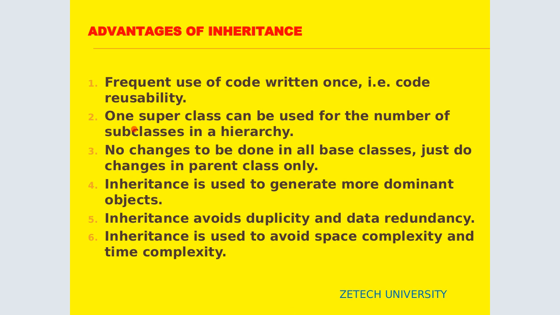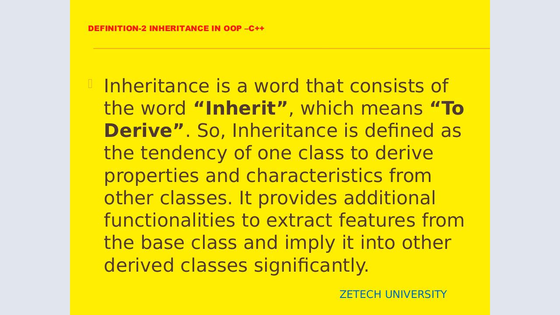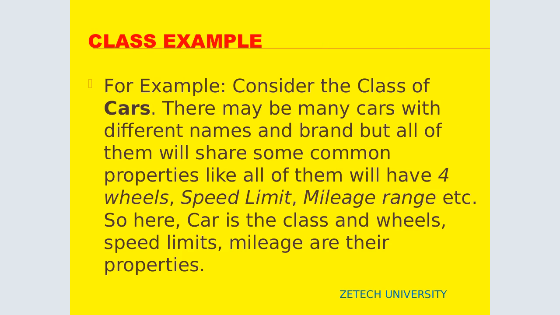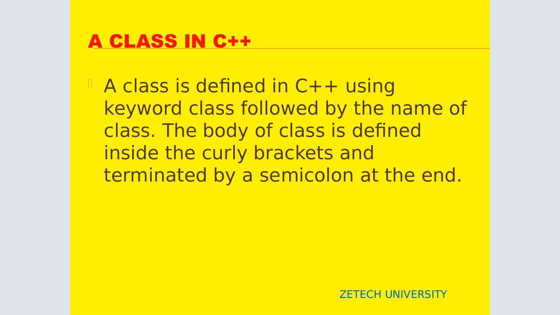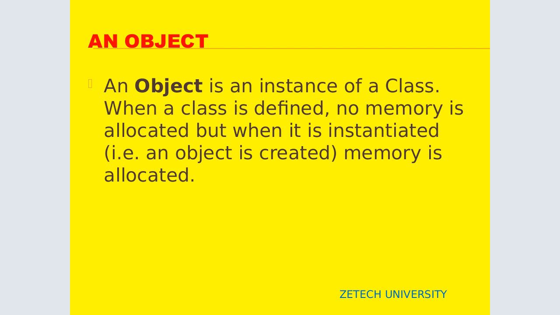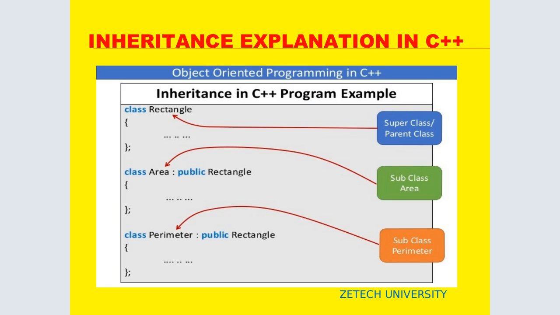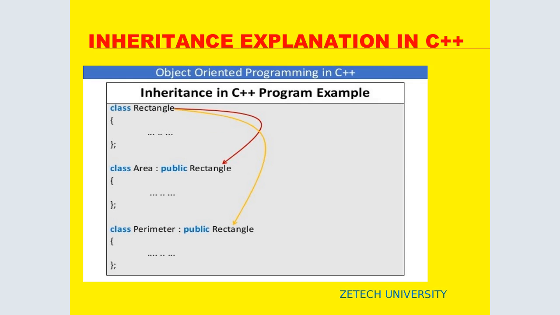So allow me to make you understand the meaning of a superclass and the subclasses using code which I'll explain later, but for now I'm only using it to make you understand statement number 2 in these advantages of inheritance. All this we are going to learn, but allow me to show you this particular concept.